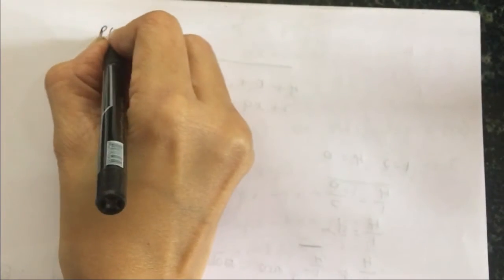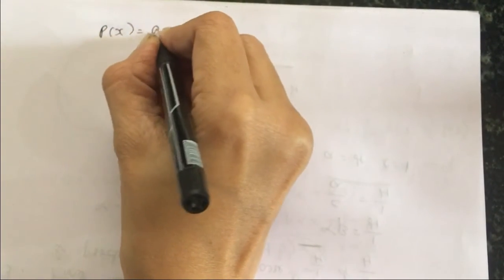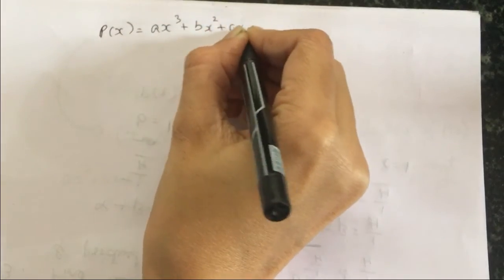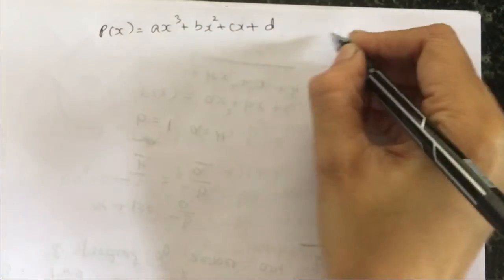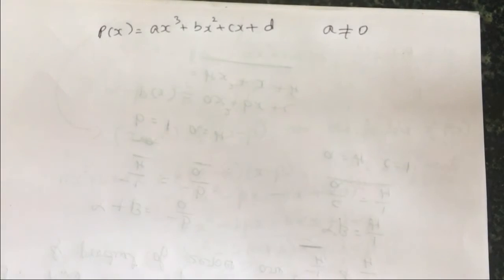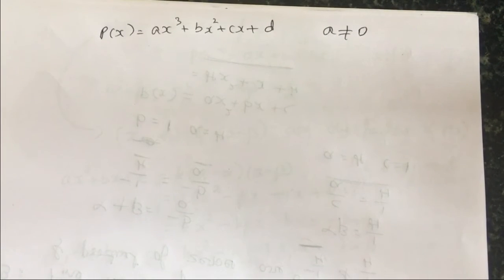Now let us take a cubic polynomial. Okay, P of x equal to ax cube plus bx square plus cx plus d, where a is not equal to 0. Now in this, how the zeros of a cubic polynomial are related with the coefficients of the polynomial.